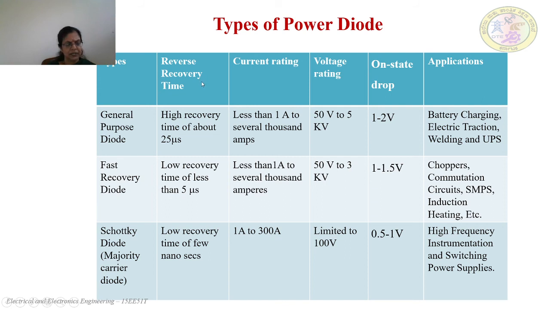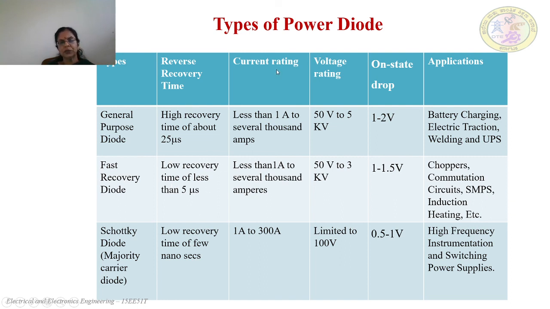Reverse recovery time is high in the case of general purpose diode, low for fast recovery diode, and low for Schottky diode. If the reverse recovery time is low, it indicates that the device has a high switching speed.